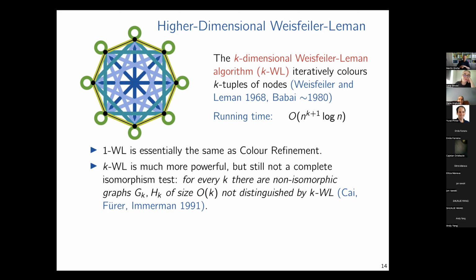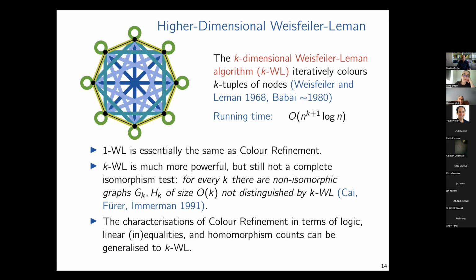It's actually very difficult to find graphs that are not distinguished, say, by the three-dimensional version. But actually, such graphs exist for every k, even if you go with k up to something linear in the size of the graphs. So that's a well-known result by Cai, Fürer and Immerman. Really nice construction.